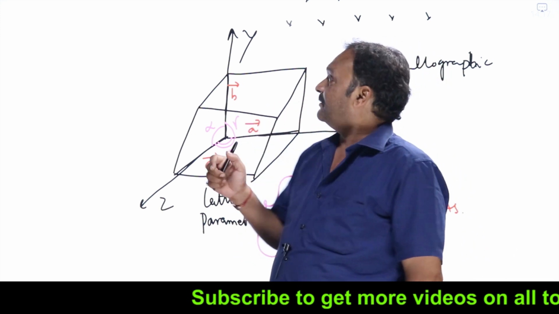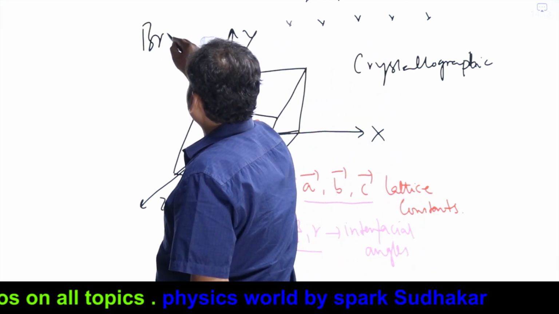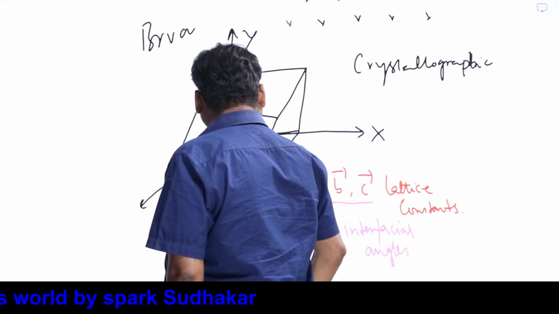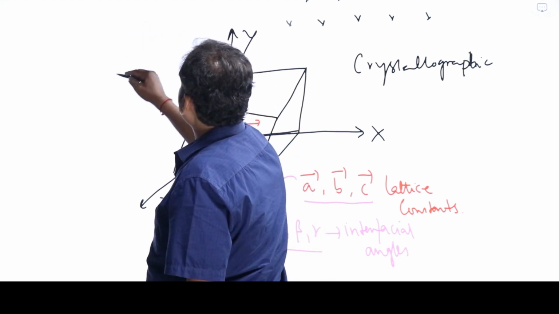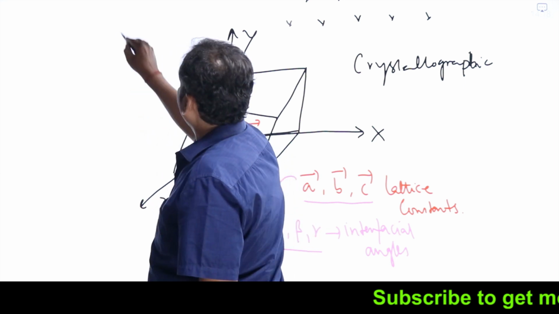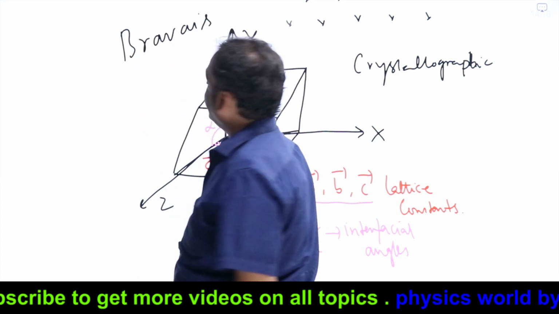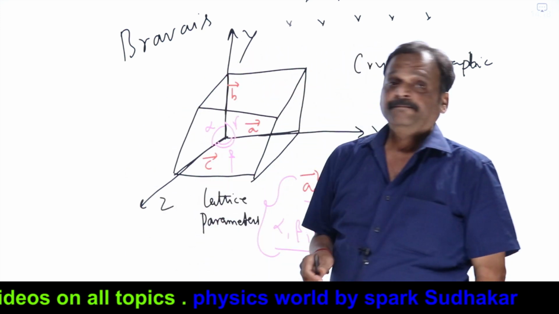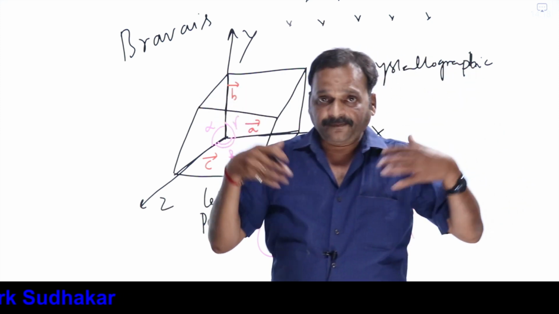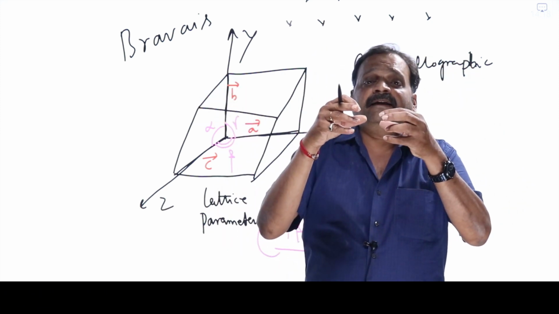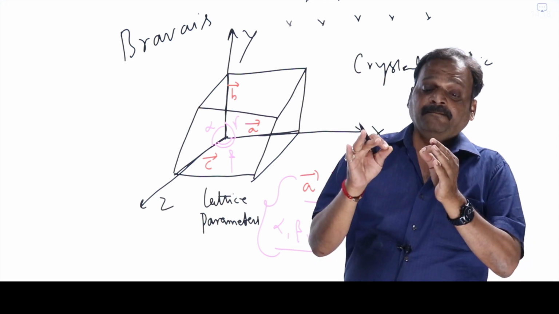A scientist called Bravais. Okay, the scientist called Bravais, the s is silent there. Bravais has proved that in three-dimensional space around us, atoms can be arranged in only 14 different ways. That's all he said. It is very surprising.